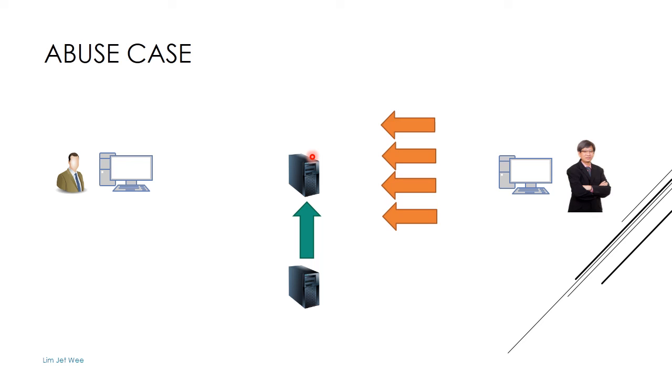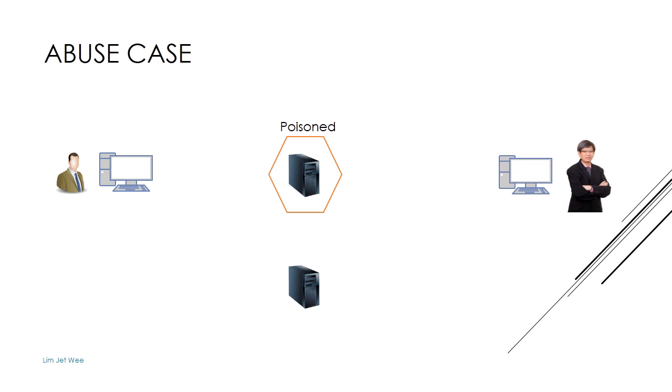Okay, because just now there's a miss. So whenever there's a miss, I will query. After that, I will update and send the response back. But now the cache has been poisoned because the cache has updated something that is not supposed to be there. Hence, the cache is now poisoned.